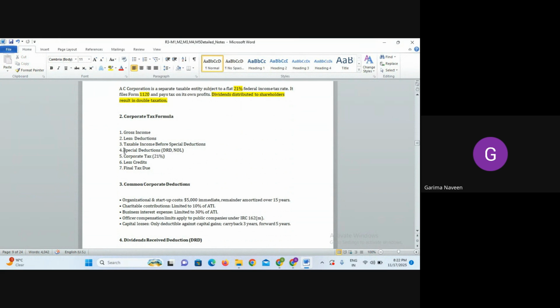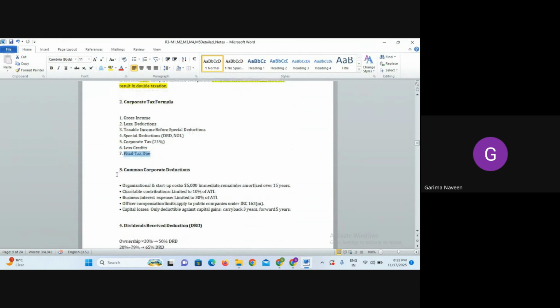Next, you have certain special deductions, which are DRD, dividend received deduction, and the net operating loss deduction. Then you will get your taxable income on which you will calculate the taxes, and certain credits are available for C corporations also, which can be used to reduce the tax liability, and you will get your final taxes due.